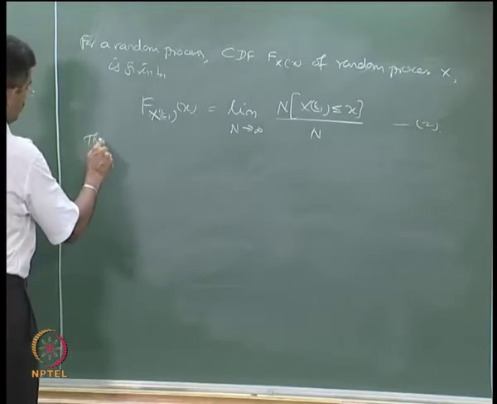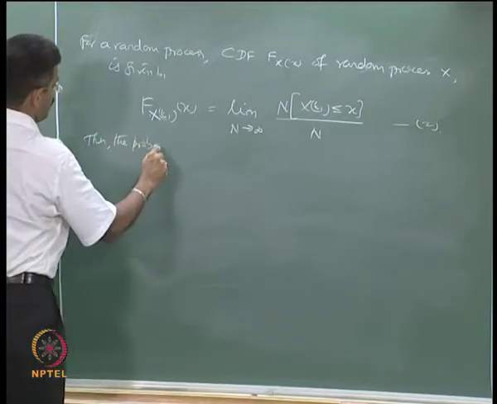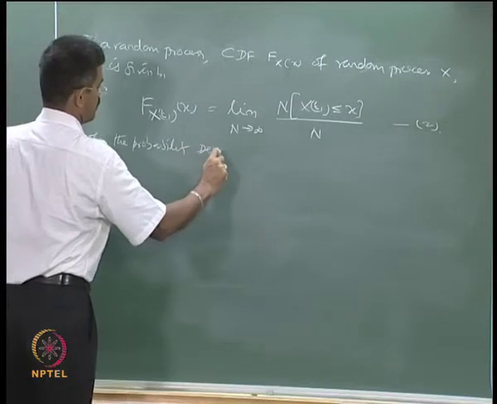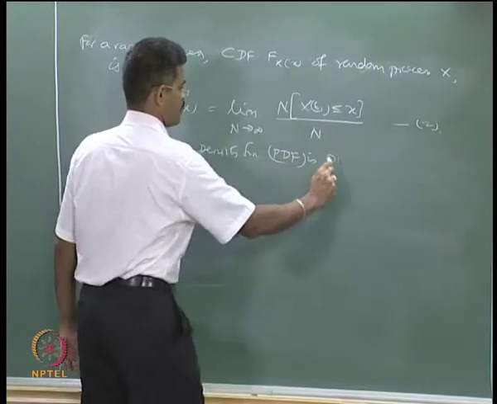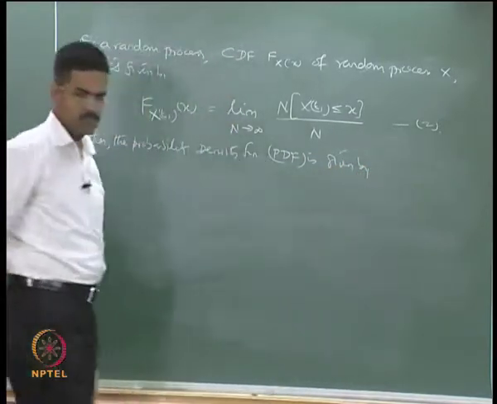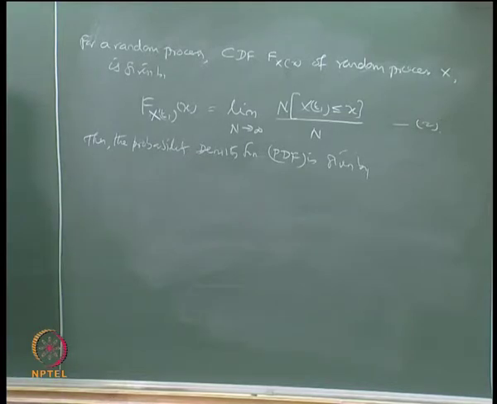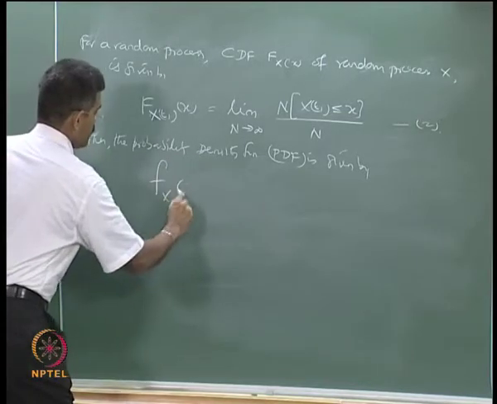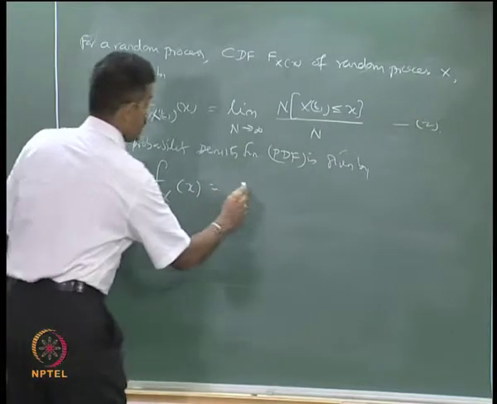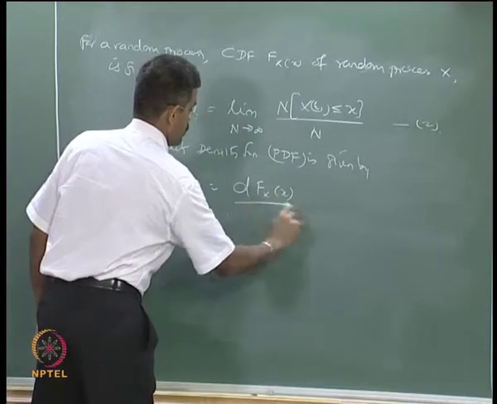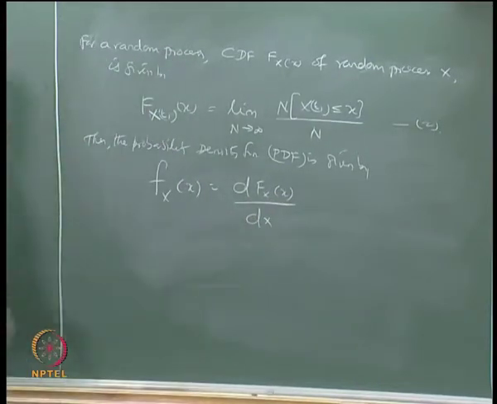Then the probability density function, PDF, is given by f of x of x, the derivative of it, provided the integral exists.